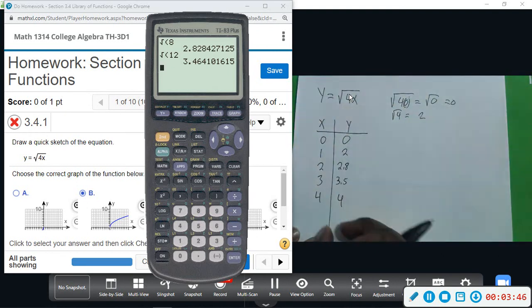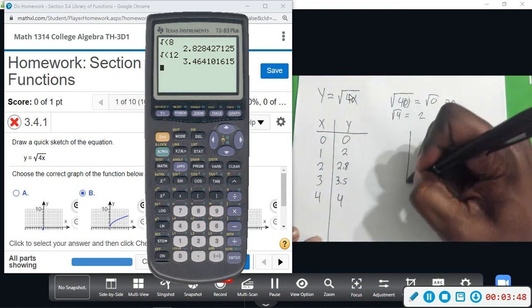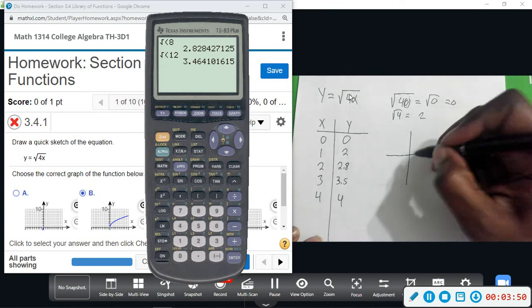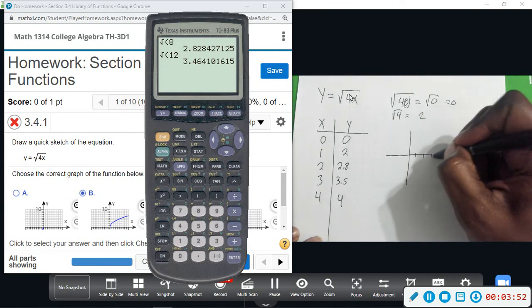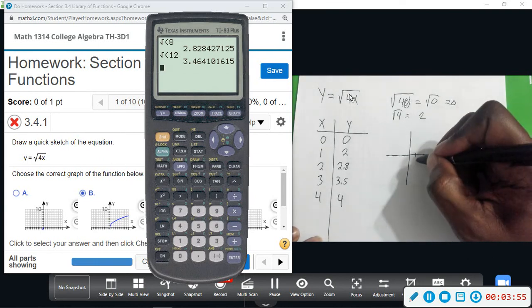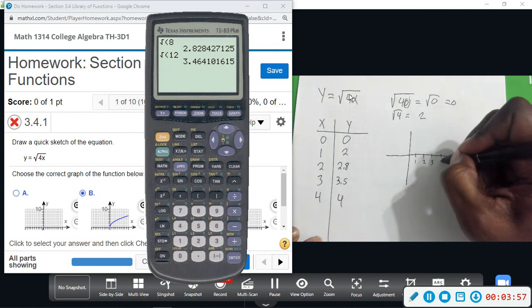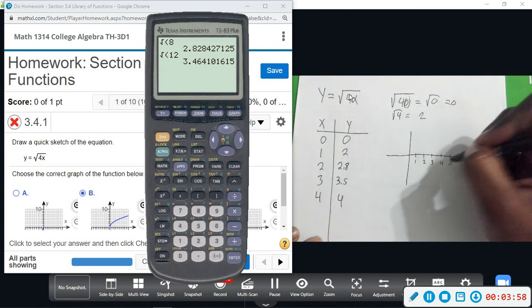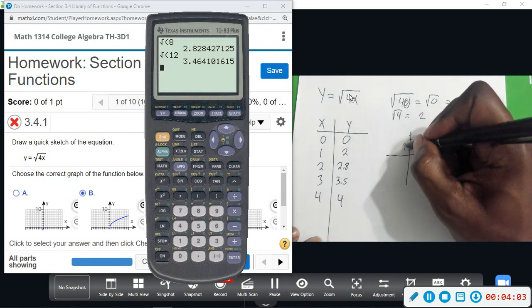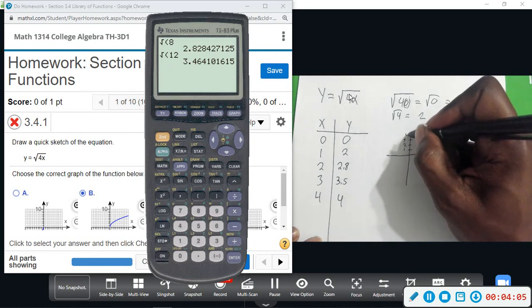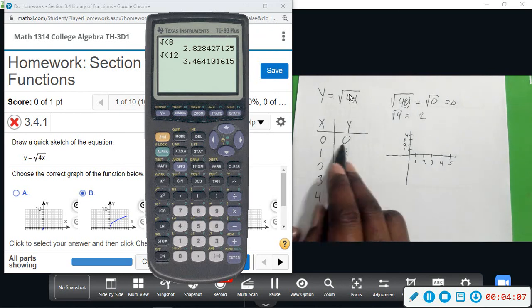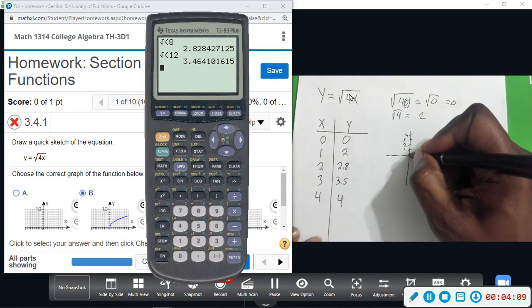You make a table of points. You draw an x and y axis, and we're going to label 1, 2, 3, 4, 5. Do the same thing on the y axis, 1, 2, 3, 4. And we're going to plot those points. The first one we get is (0, 0).